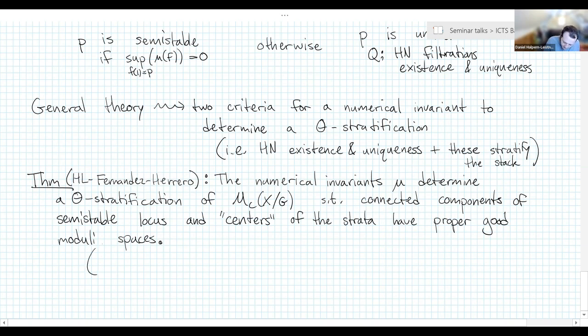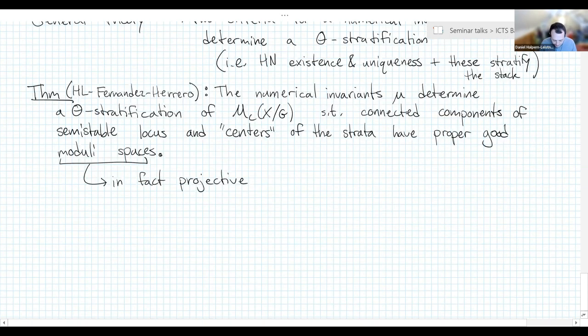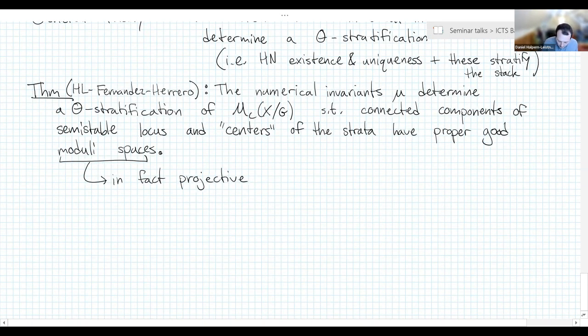So the stability conditions here have been studied.